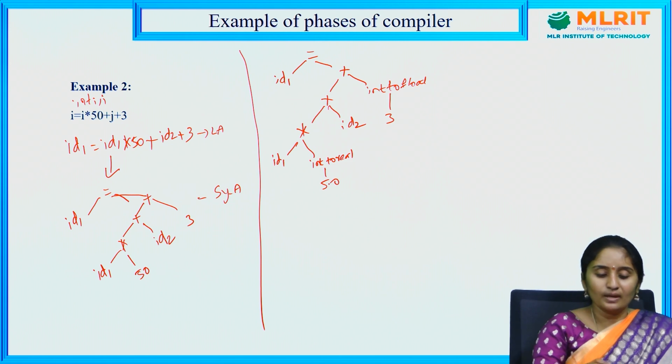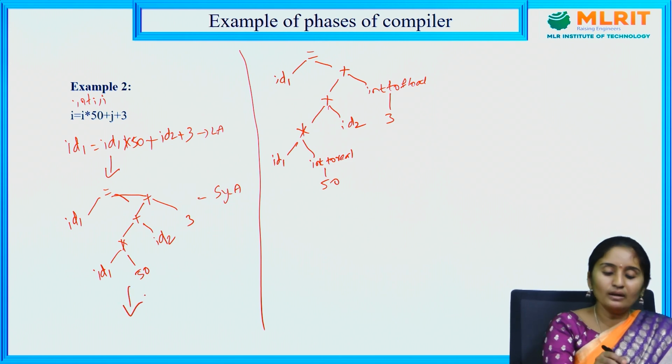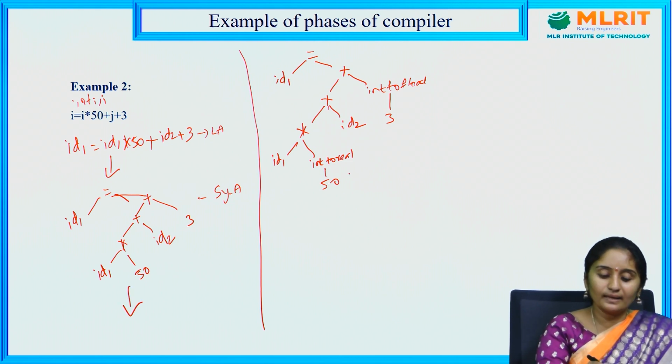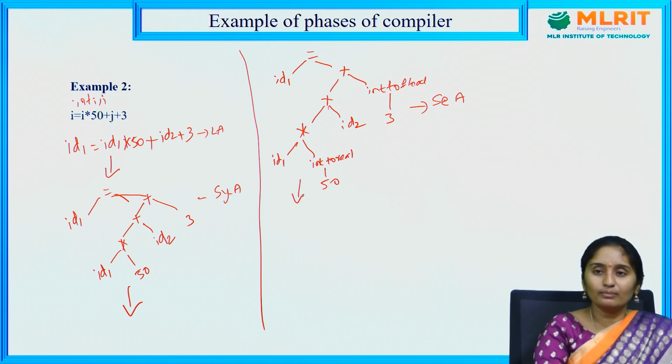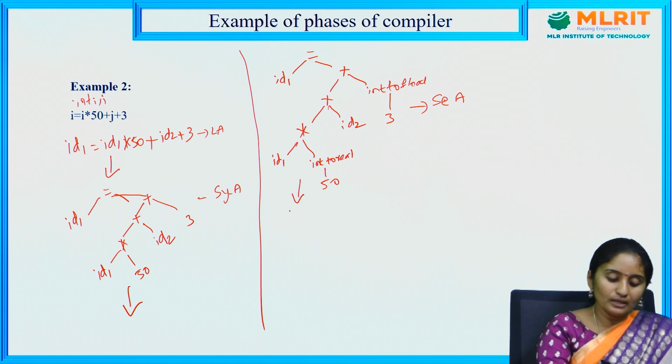Both are the same. So this is given as an input to the semantic analyzer, which converts it into float. Type conversions are done. This is the semantic analyzer, and it is given as an input to the intermediate code generator. Now the intermediate code generator generates the 3 address code.